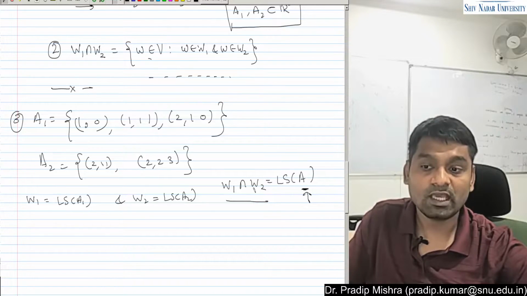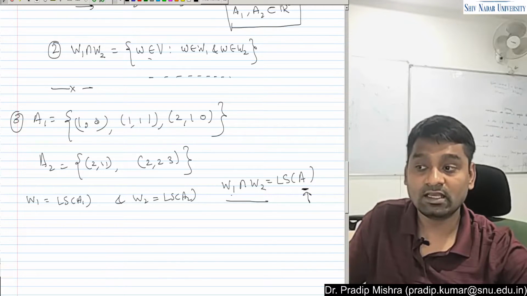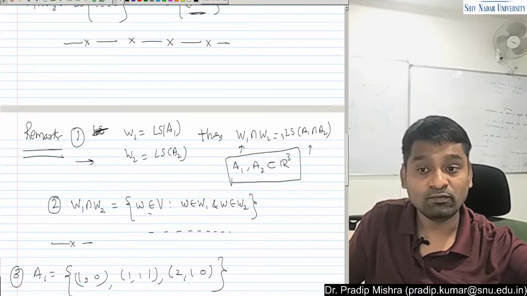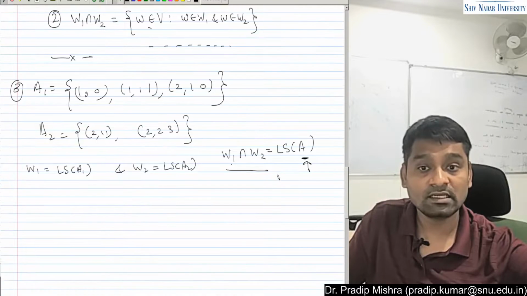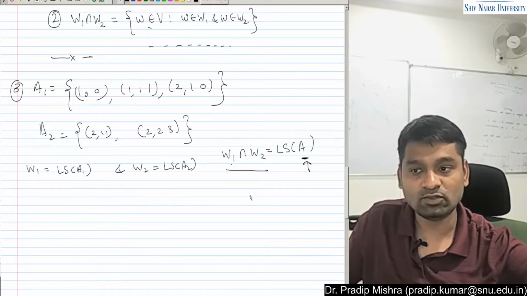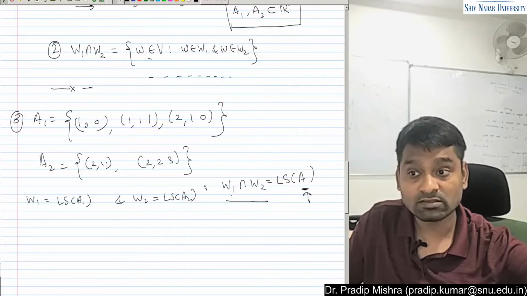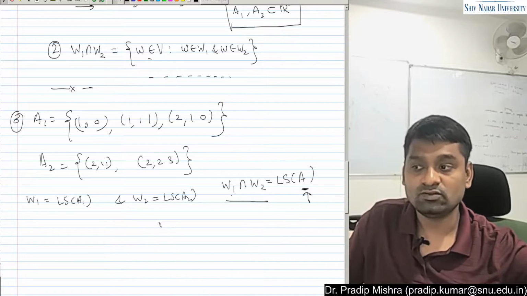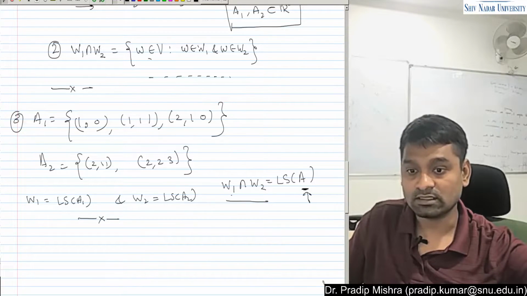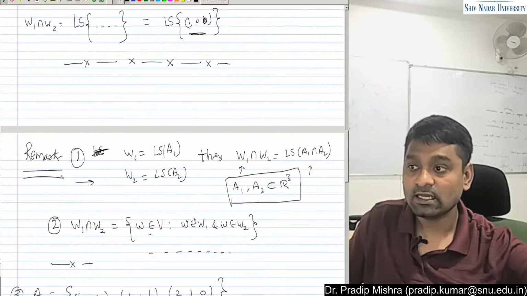Can you find some A such that W1 intersection W2 equal to LS of A, whether that A equals A1 intersection A2? Here we may see whether that is equal or not. Sometimes yes, sometimes it may turn out to be no. This is a good exercise. You may try and discuss with me over chat or some other places.